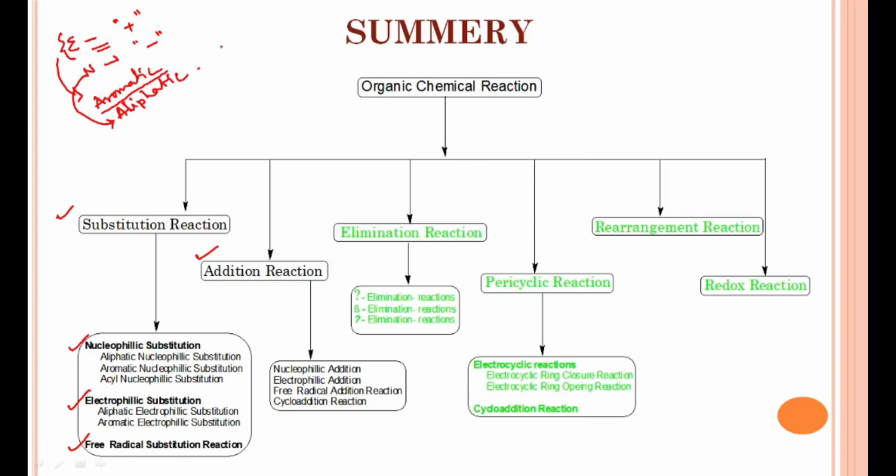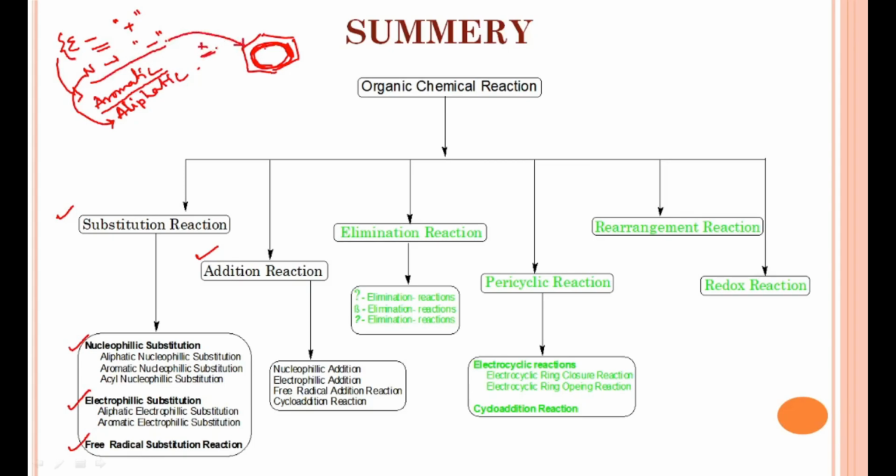Now what is the reason? If you see the structure of benzene, it contains three double bonds. These double bonds generate a pi electron cloud in benzene. So it is quite difficult for a nucleophile, which is negative in charge, to attack.